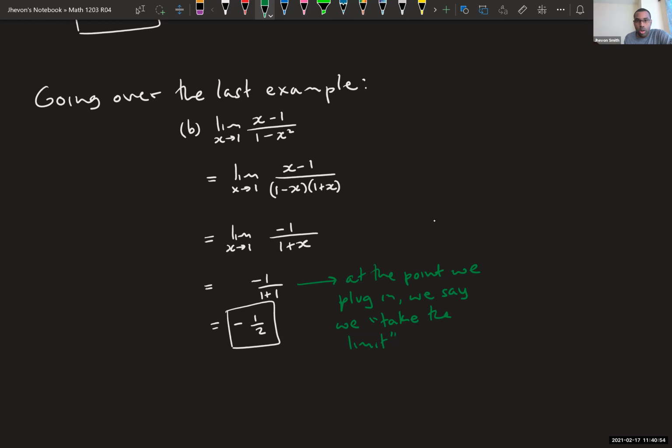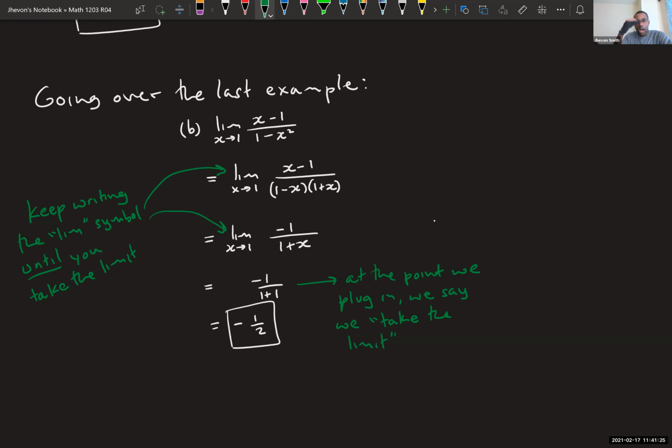What I also want to point out is that you keep writing the limit sign until you take the limit. So what I want you to notice here is that I kept writing this limit symbol, right?